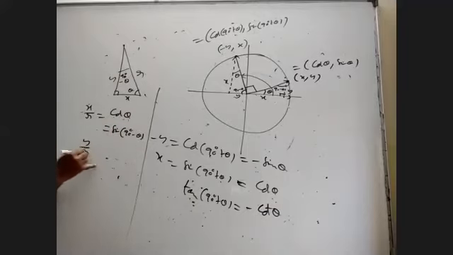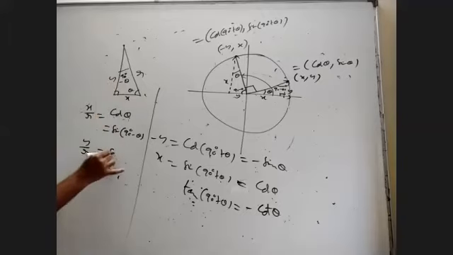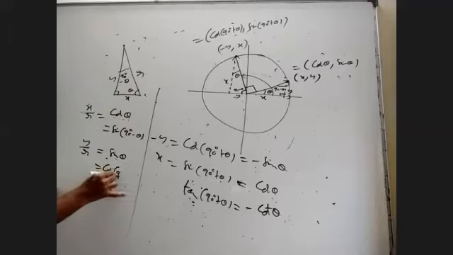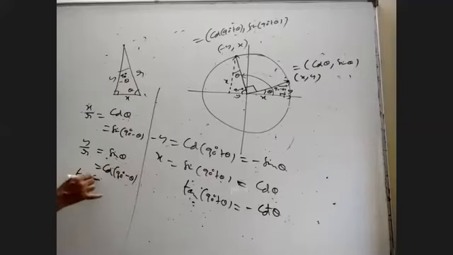And if you take y by r, this is the opposite side of theta, so it will be sine theta, or the adjacent side of 90 minus theta, so it will be cos 90 minus theta. So sine 90 minus theta is cos theta, cos 90 minus theta is sin theta. When you divide, you will get tan 90 minus theta is cot theta.